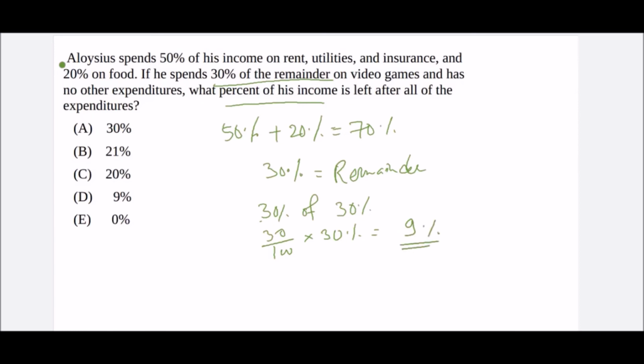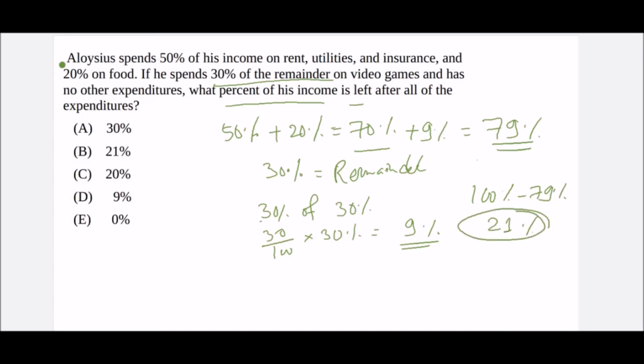So he spent 9% on video games. So the total will become 70 plus 9 is equal to 79% he spent, and the remaining saving will be 100% minus 79, and it will become 21%. So the answer is option B.